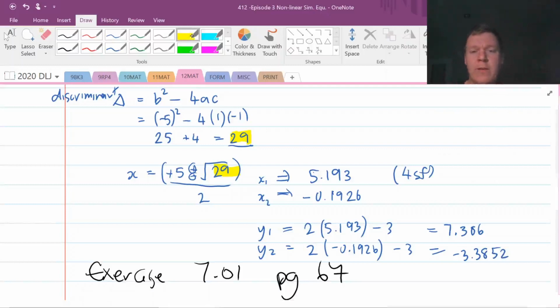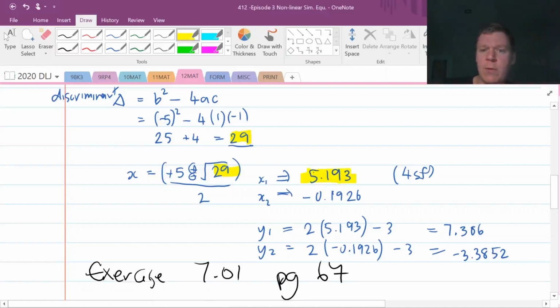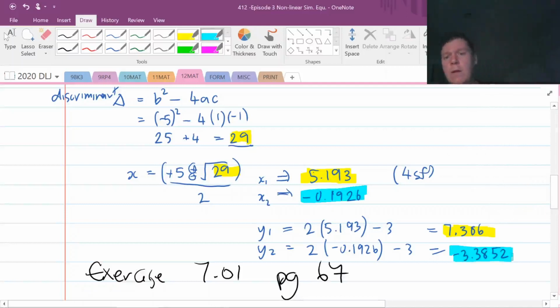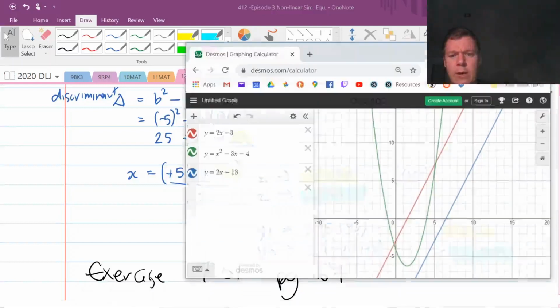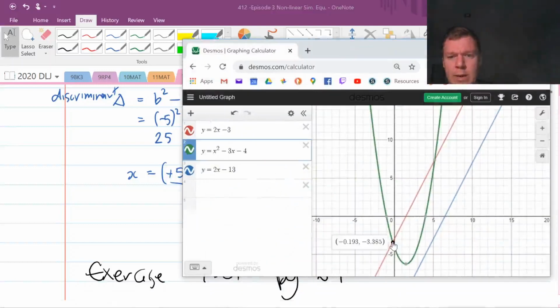So we get two intersection points, one at 5.193 and 7.386, and then our second one is at those two. And that should be what we had on our Desmos graph, hopefully, if I didn't make any mistakes.